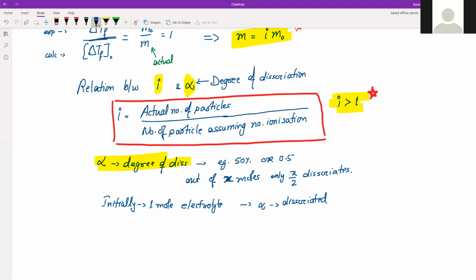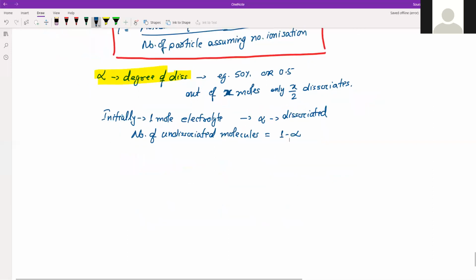Now, how much is left? The number of undissociated molecules is 1 minus alpha. So out of the 1 mole which we had in the beginning, alpha has dissociated. And what is the number of ions produced? The number of ions produced is alpha into nu.